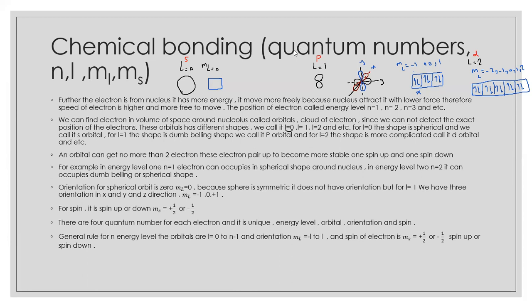Of course, if l is equal to 3, we call it an f orbital. And again, the rule for ml is from -l to positive l.